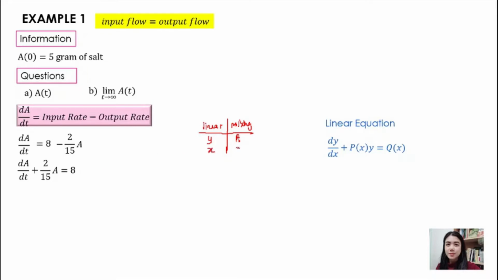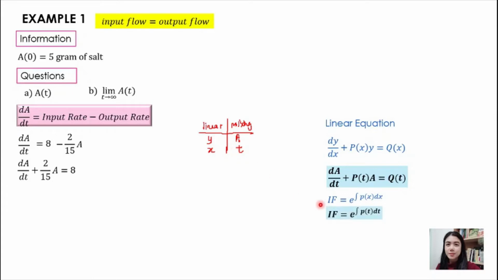So that is our differential equation for the mixing problem. If you recall back in our linear equations, the next thing you're supposed to do is find the integrating factor, that is IF equal to e to the power ∫p(x)dx. It's just that in the mixing problem, the x here you have to change to t.